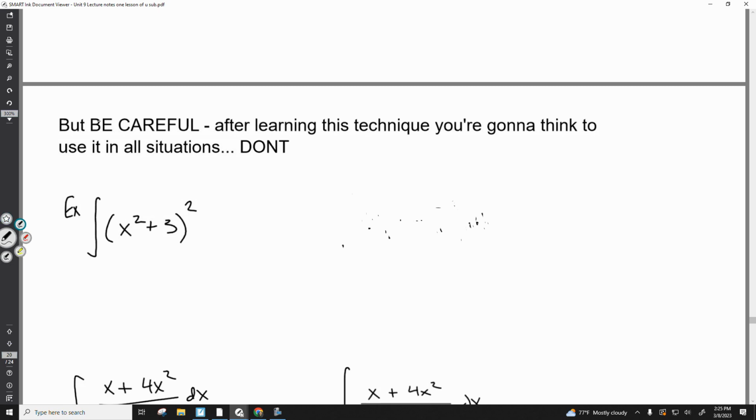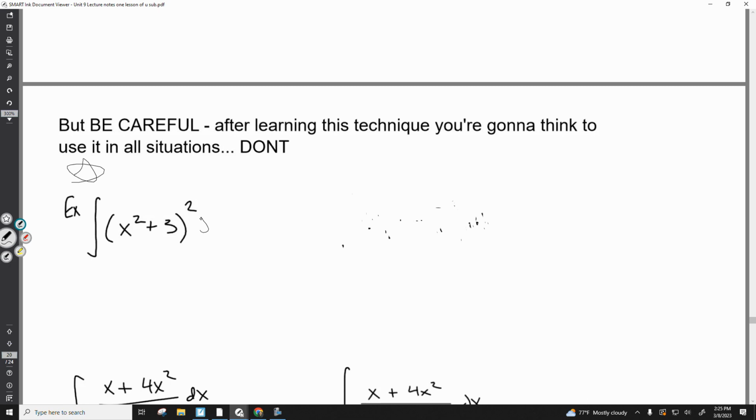All right, we are becoming pretty adept at this, so go ahead and take the antiderivative of x squared plus 3 squared. There will be something wrong with this one, but I'd like you to do it using the procedure we've been doing. Just do it. Get the answer.